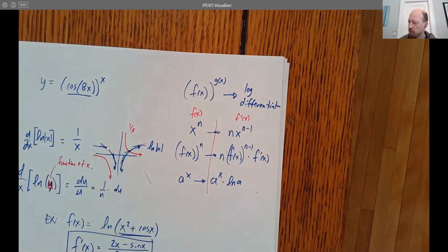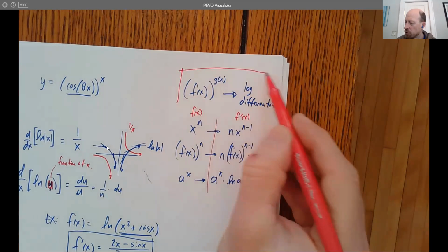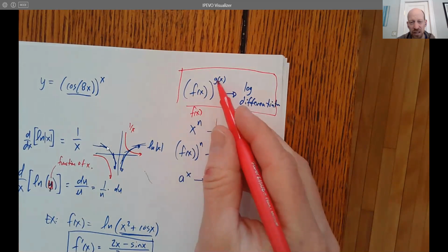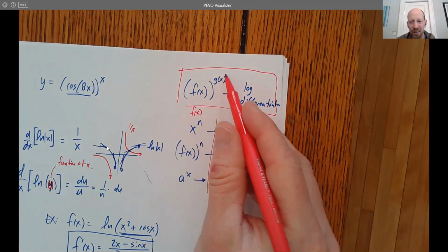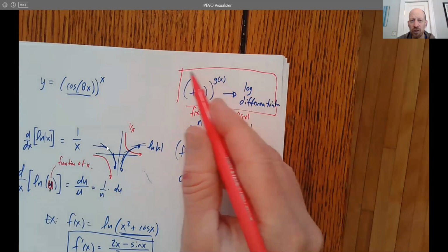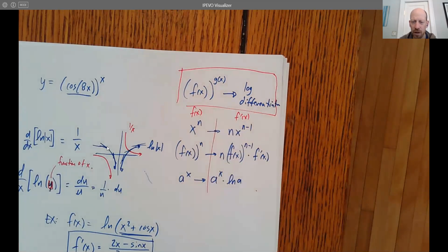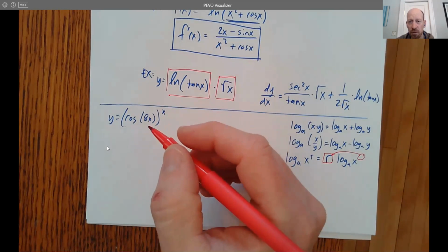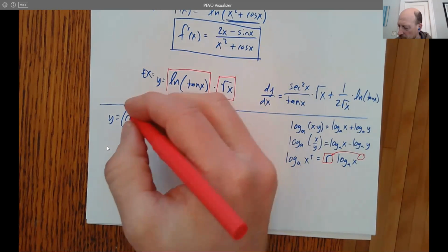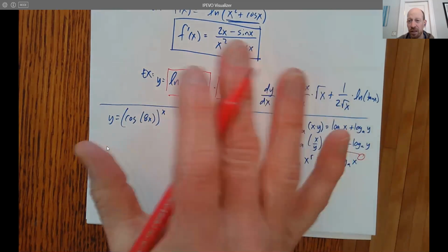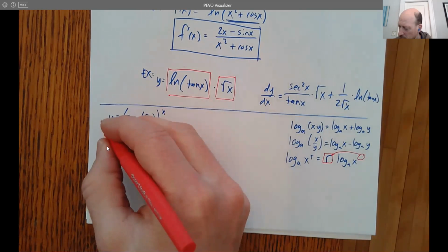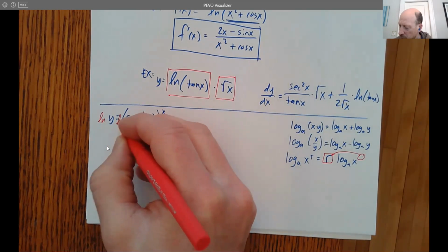Remember I said in the beginning, if you have a function raised to another function, that needs logarithmic differentiation. I can't actually deal with this form directly. I need to get this exponent turned into a multiplier. And so the way to do that here is to introduce a logarithm to the problem. And the logarithm we've been working with, and the easiest one to work with, is the natural logarithm. So what I'm going to do is take the natural log of both sides.